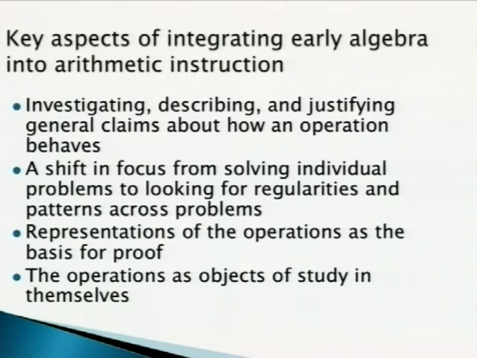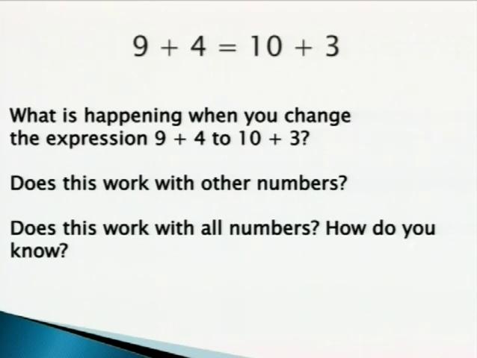Students begin to see that each operation has its own set of properties and behaviors, that an operation is more than an instruction to calculate. For another example, when students are learning their single-digit addition combinations, they notice relationships that help them learn that they can solve sums involving 9, like 9 plus 4, by thinking of an equivalent 10 plus sum, like 9 plus 4 equals 10 plus 3.